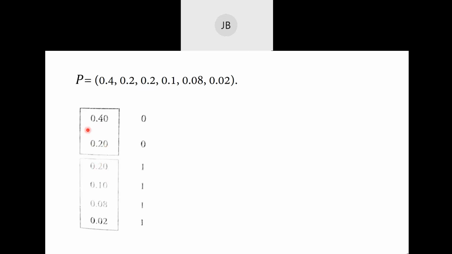Either we can group it this way as done here, or another grouping possible is to make a group here. That means 0.4 is in one group and all remaining elements in another group. Then the probability of this group becomes 0.4, and this group consisting of 5 elements becomes 0.6.